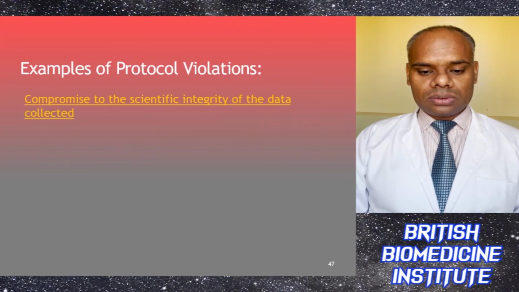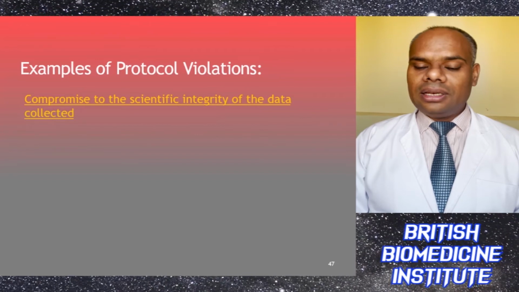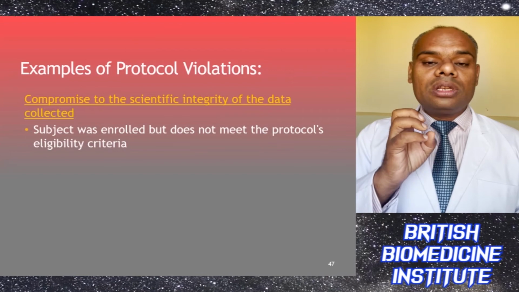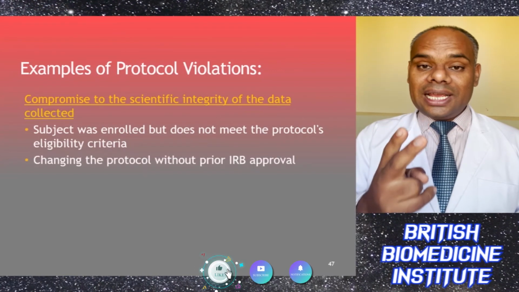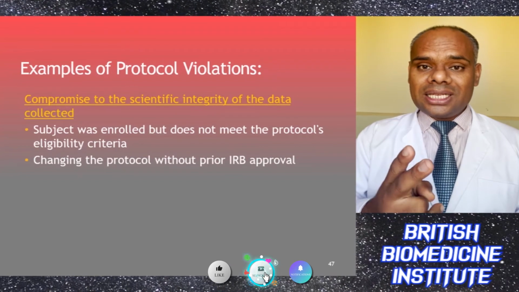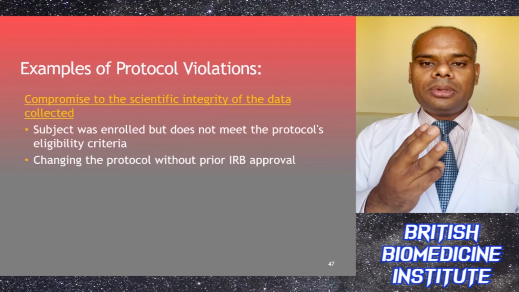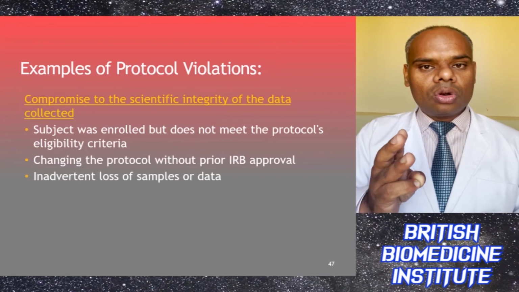Then, compromise of the scientific integrity of the data collected, like the subject was enrolled but did not meet the protocol eligibility criteria. Second, changing the protocol without prior IRB approval. Third, inadvertent loss of sample or clinical data.